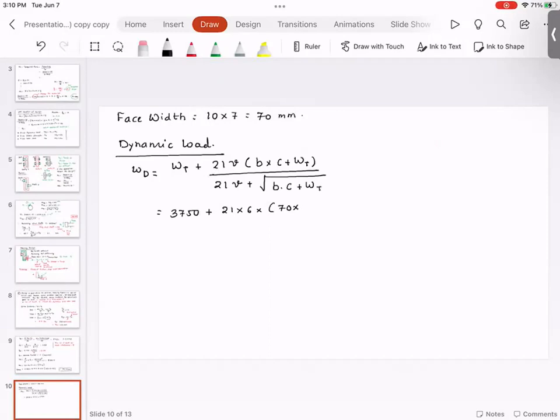Now for value of C, please refer to the table.